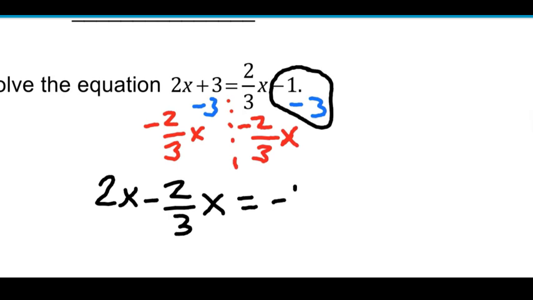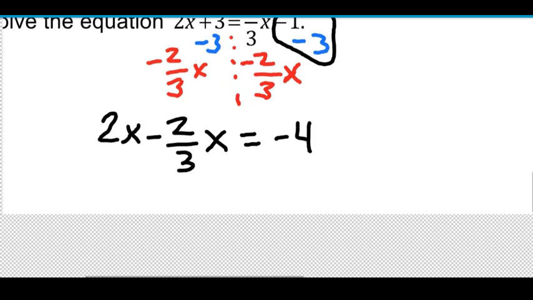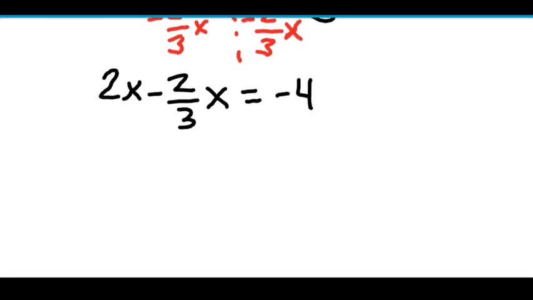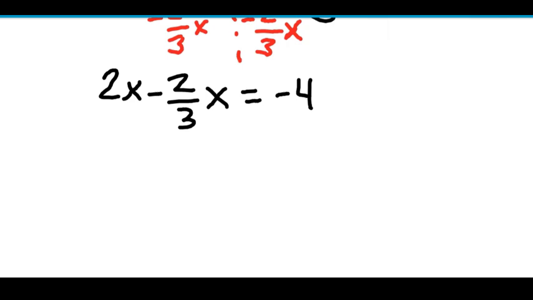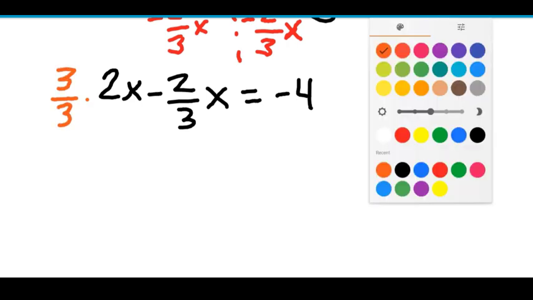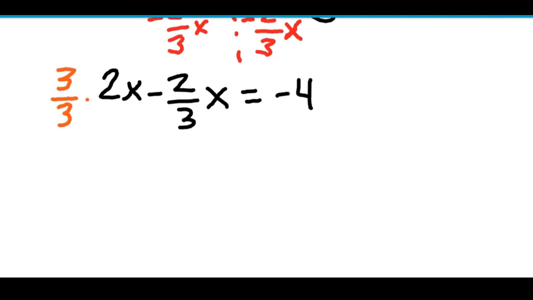So this is -4. Now we have to combine these x terms, but you need a common denominator anytime you're working with a fraction and you're trying to add or subtract. So notice the denominator on the one x term is a 3. So if I multiply this first x term by 3/3, and remember you always have to multiply by the same number top and bottom because this is really like a funny looking number 1 right here, then we have the same quantity, but it looks better and we can combine it.